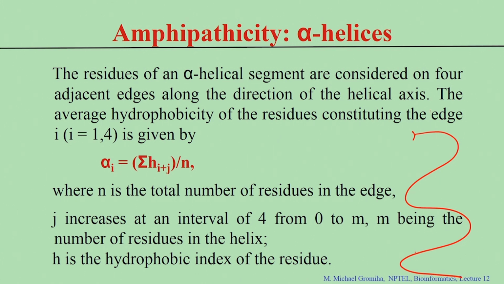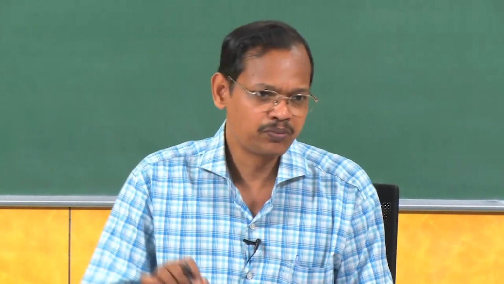If you have the helical axis, you can put the residues 1, 2, 3, 4, and the same way 1, 2, 3, 4. In this case you can see there are 2 residues on one side and 2 residues on the other side. So they show a periodicity of these residues at different positions.